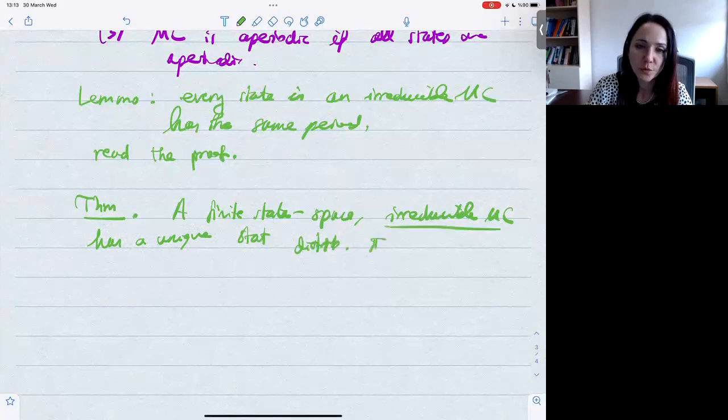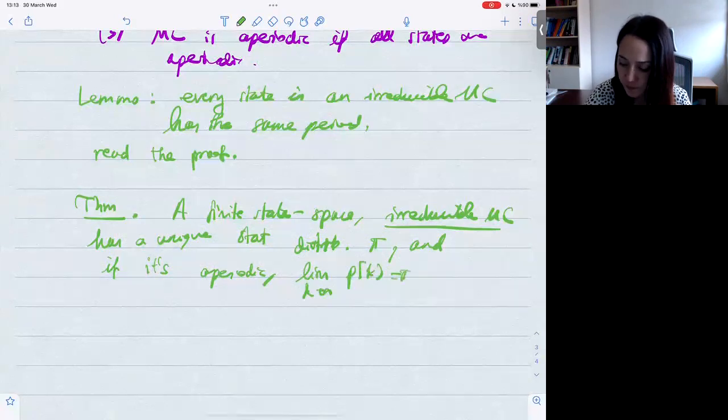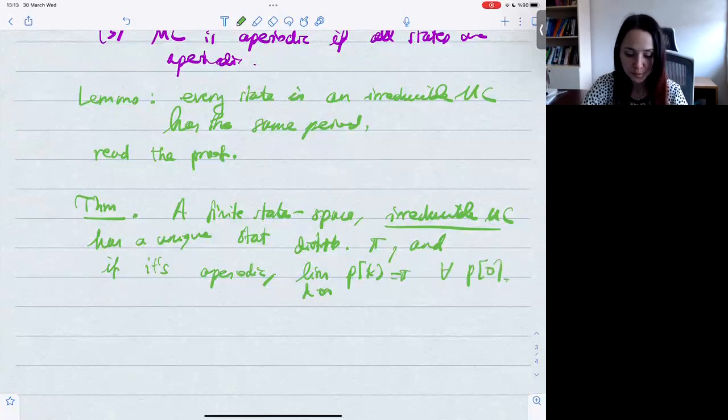If it is irreducible, it will have a unique solution for pi equals pi P. And if further it is aperiodic, then the probability vector p_k converges to pi for all initial probability vectors.